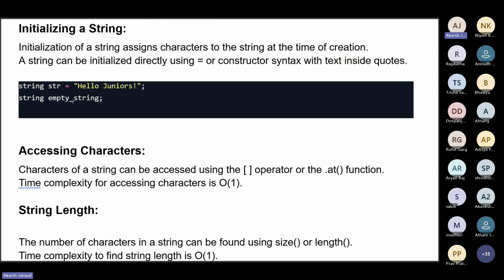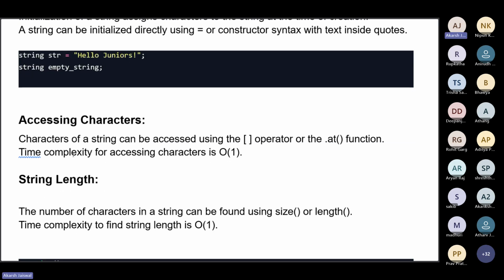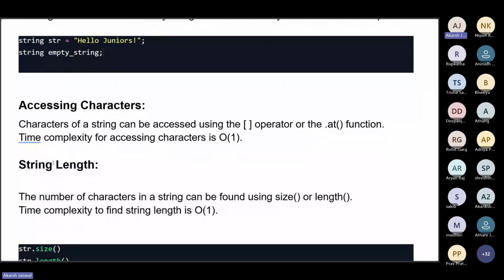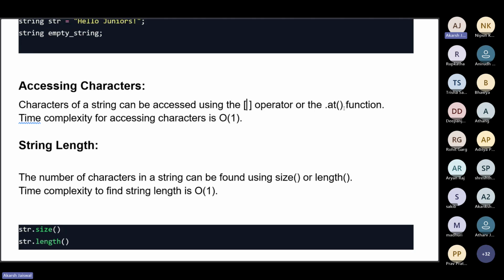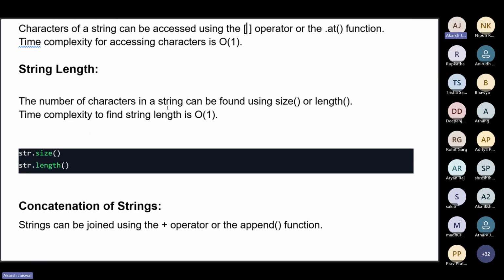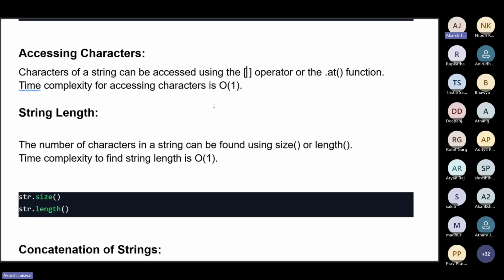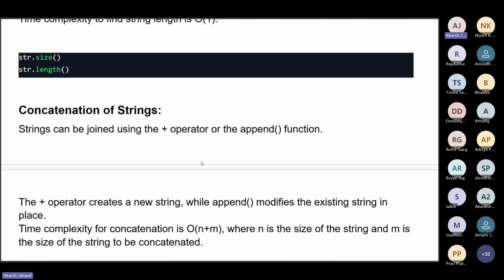Also, accessing characters, similar to arrays and vectors, you can do it using the square bracket operator or the at function. You can find out the length of the string using str.size or str.length. Both the accessing and the length operations can be done in big O of one time.